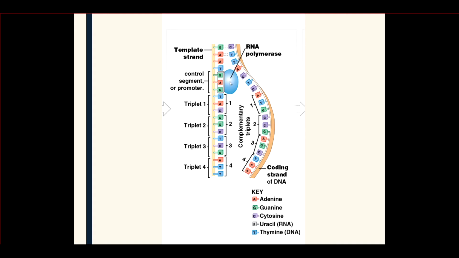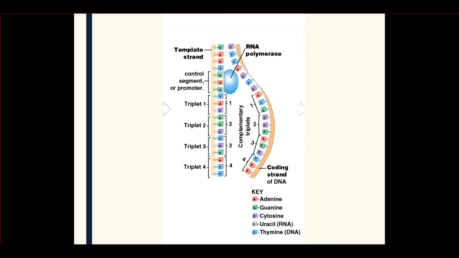Now, once it reads the TAC, it's going to pick up nucleotides that are floating around in the nucleus. Remember, nucleotides are the building blocks of DNA and RNA, and the RNA polymerase is going to pick up these nucleotides and base pair with TAC and start to make a strand right over here where my cursor is running, a copy of that first triplet.